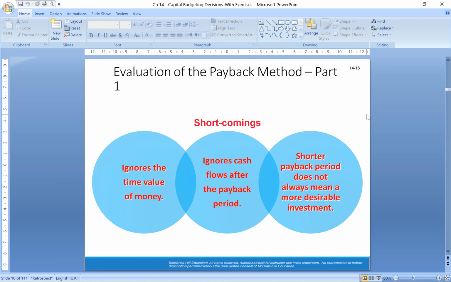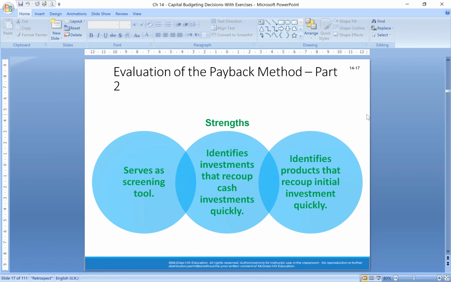Y will be better than X if we calculate the present value of the cash flows. So the payback period ignores the cash flows after the payback period, which is also important. A shorter payback period does not always mean that the investment is desirable, which also happens in practice. So these are the shortcomings of the payback period.